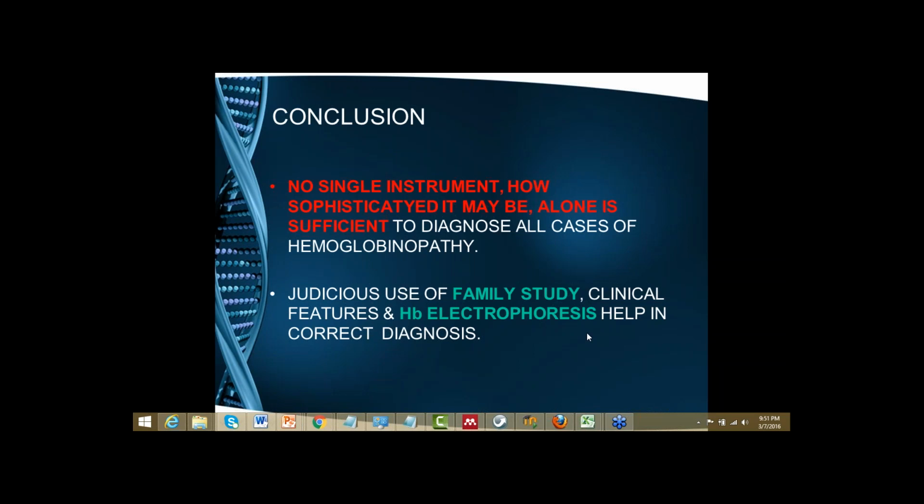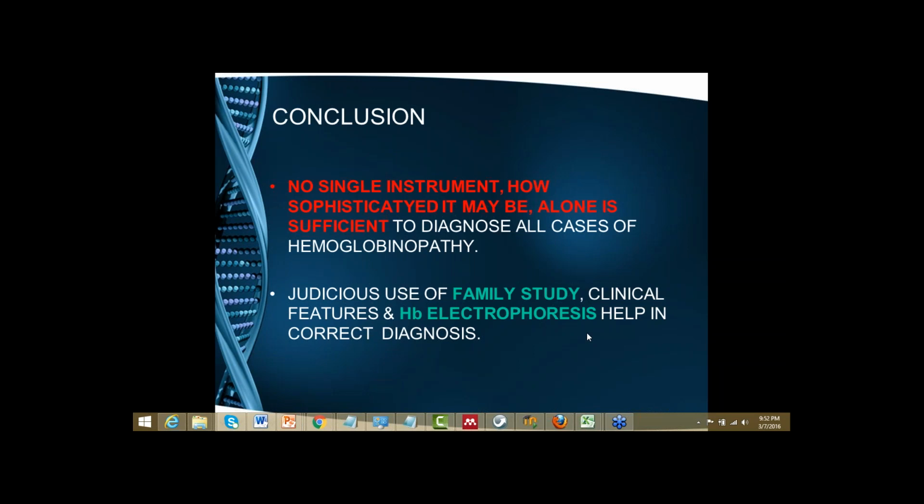See, the purpose is that once you are familiar with this HPLC reading, you can even pick up something which other people have missed. Because recently, what I have seen is that a very reputed lab reported a case as homozygous sickle.